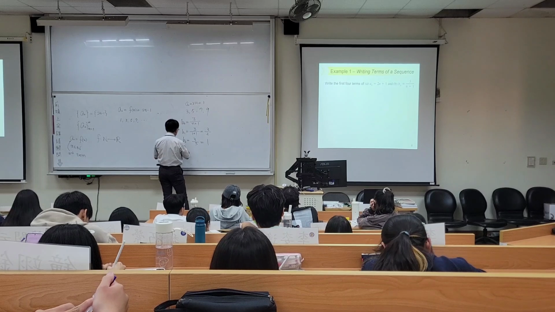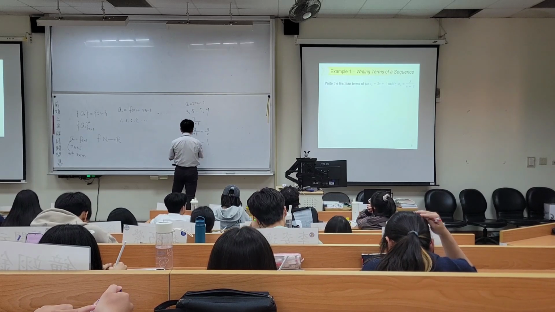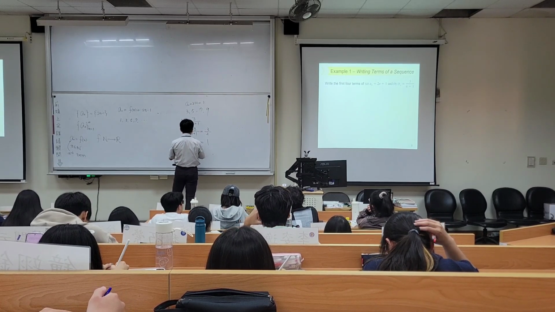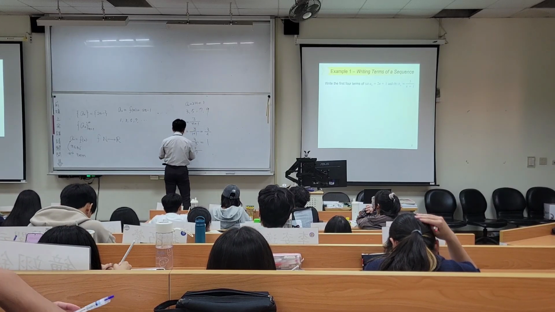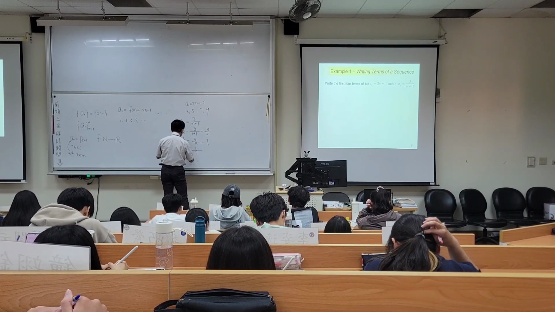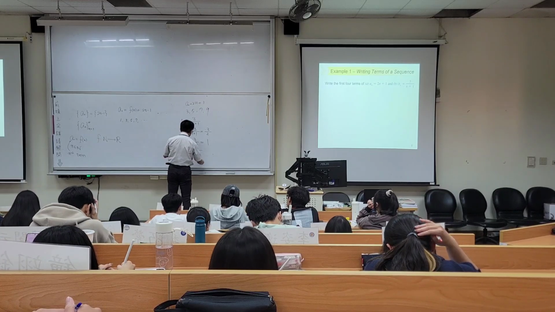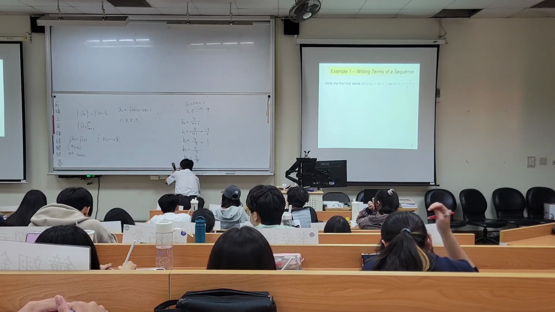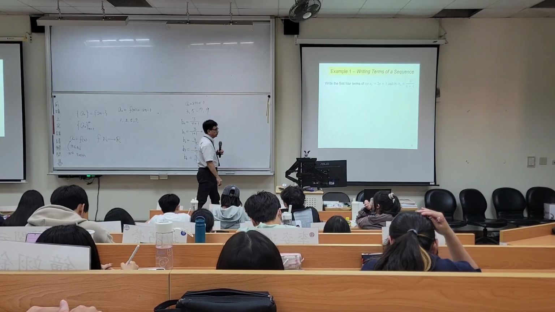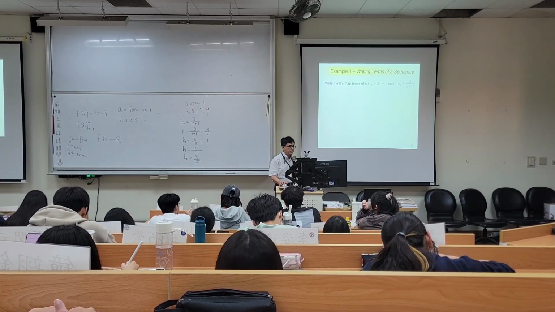And B sub 3 will be equal to 3 over 4. And B sub 4 is equal to 3 over 5. Okay. This is a very simple example.